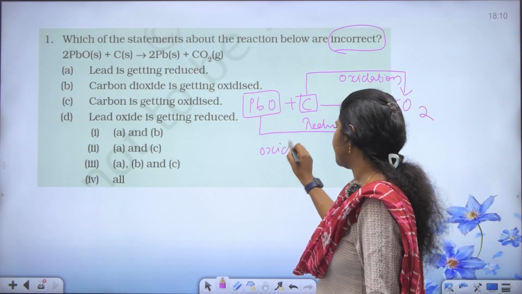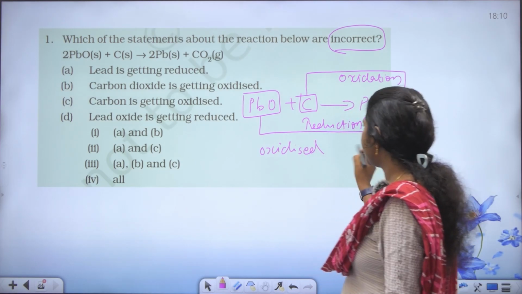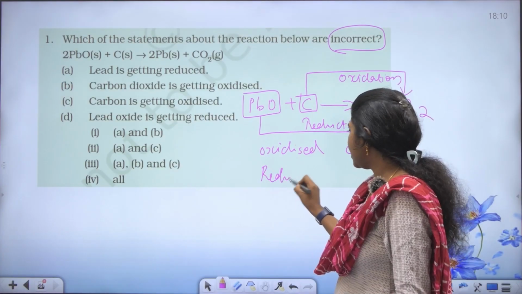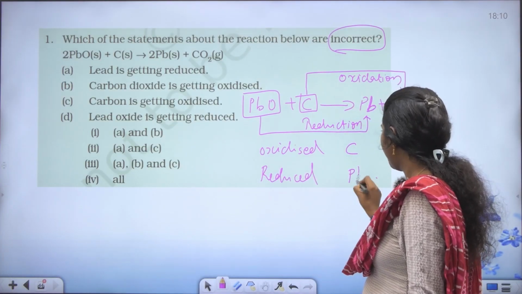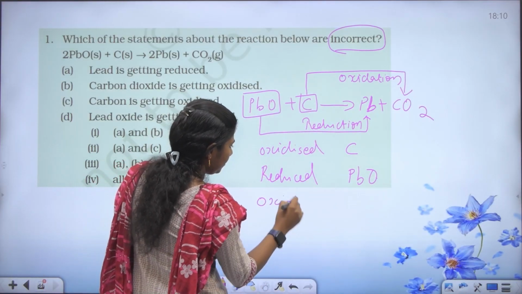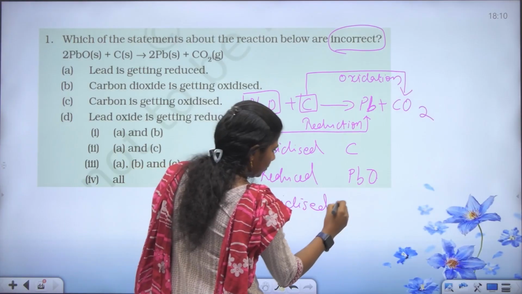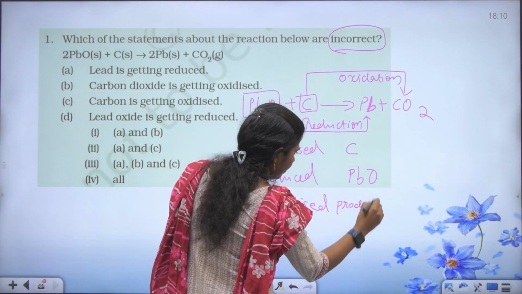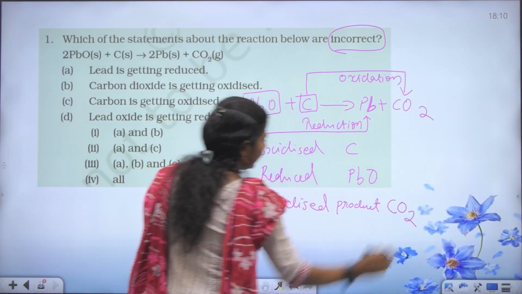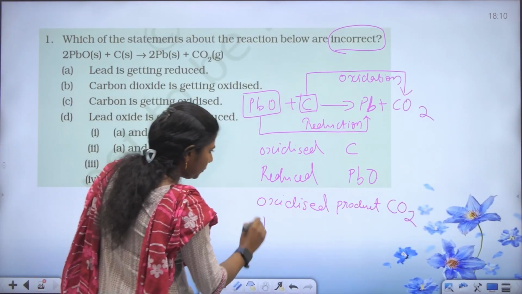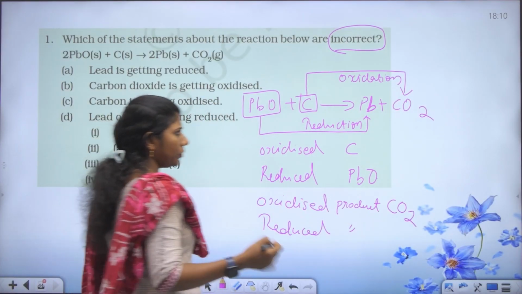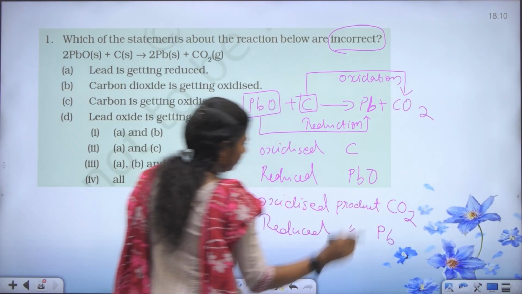The oxidized species is carbon, the reduced species is PbO. The oxidized product is carbon dioxide, and the reduced product is Pb, formed when PbO is reduced.